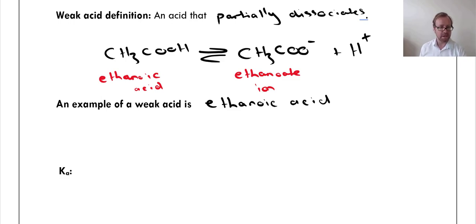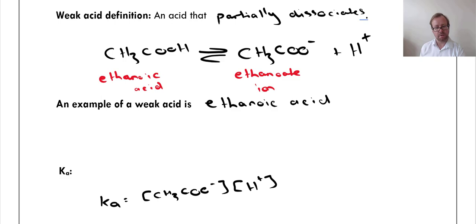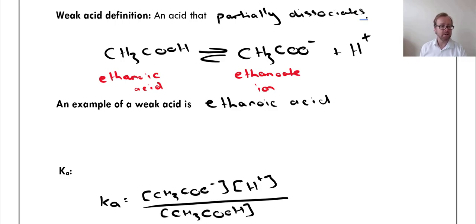So that means my Ka would be the concentration of the ethanoate ion times the concentration of H+, over the concentration of ethanoic acid. I forgot to mention that my Ka value is what we call the acid dissociation constant.